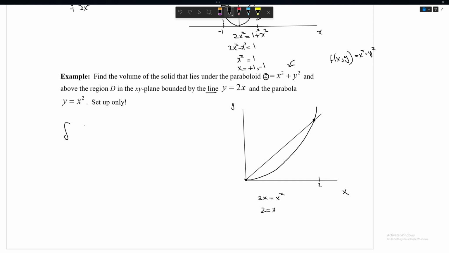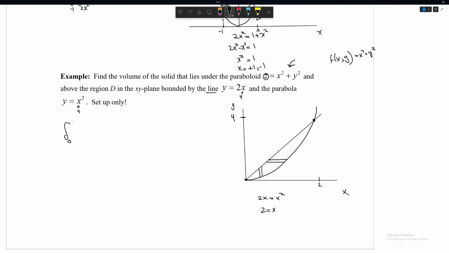Now that we found our two bounds, we can set it up. So we have the integral. For the first integral, we're going to do x, from 0. You can either do vertical or horizontal. It really does not matter. If you want to find your y bound, you take 2 and sub it into either one of the equations. If I sub 2 here, I get 4, and if I sub 2 here, I also get 4.